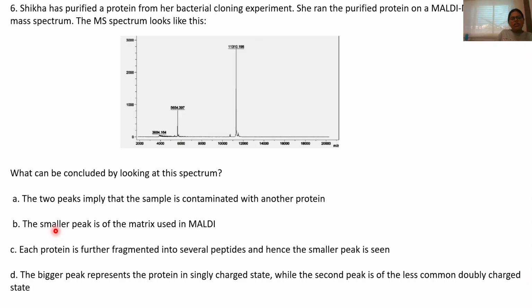So which of the following is the correct option? Any guesses? If you have gone through the lectures of MALDI, you will be able to answer this. It's simple.